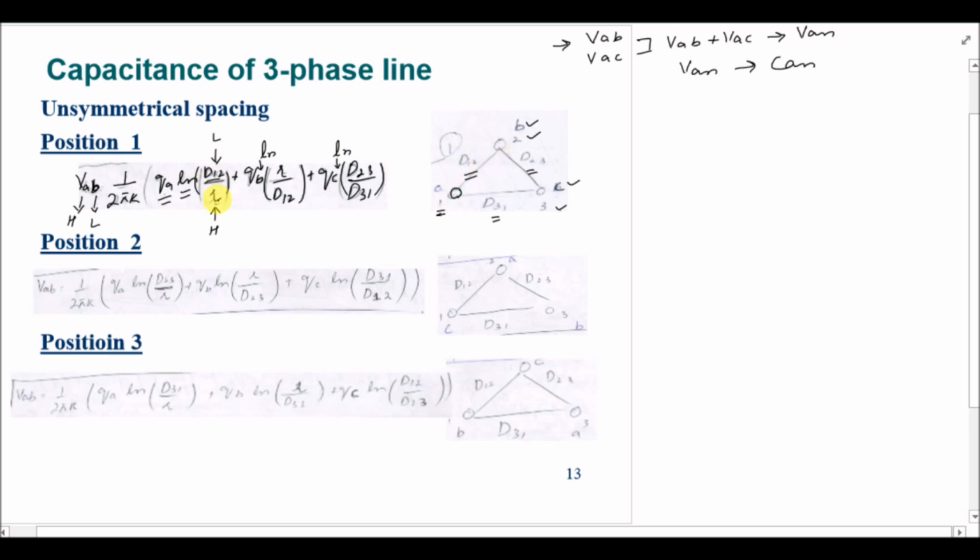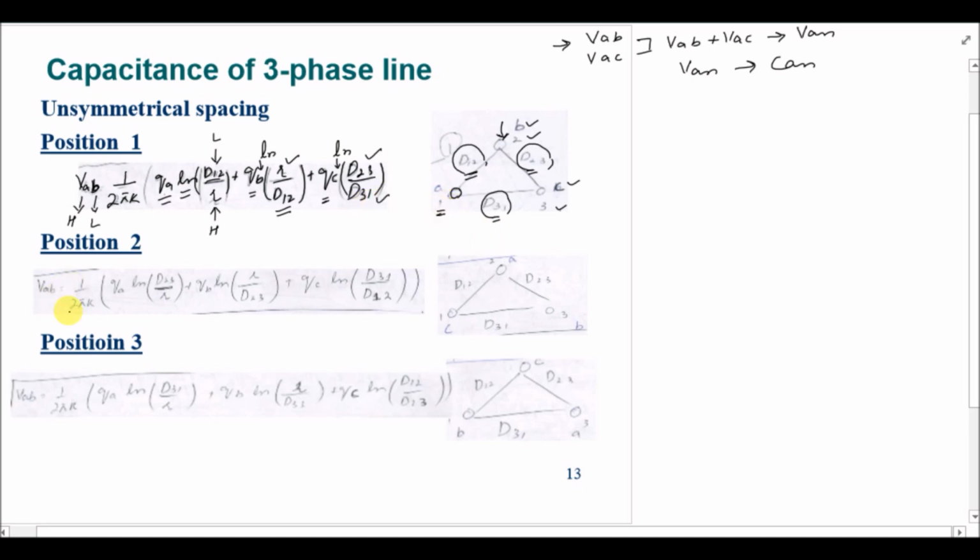So D12 over r. Similarly for QB, now the low potential point is B itself, so it will be the radius of conductor B, and the high potential point is at distance D12 from conductor B, so this is in the denominator. Similarly for QC, the low potential point is at D23, so it is in the numerator, and the high potential point is at D31, which is in the denominator, right?